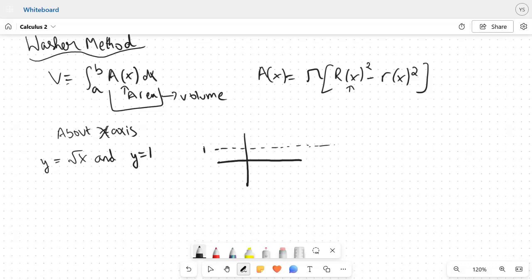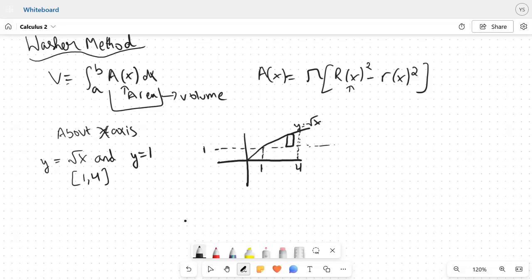Now the square root function is going to go like that. So y equals square root of x, and we've also been given that we have to find it from 1 to 4. Again, let's first see what the region is.